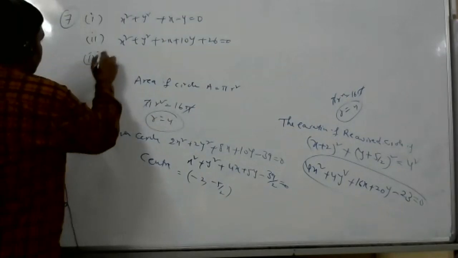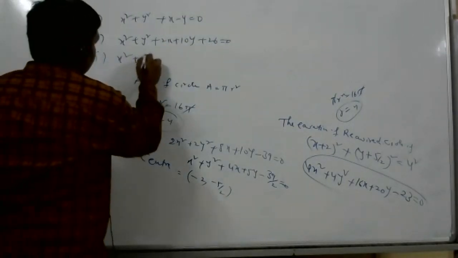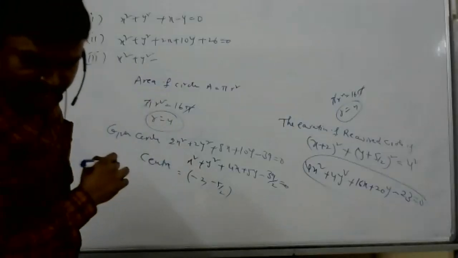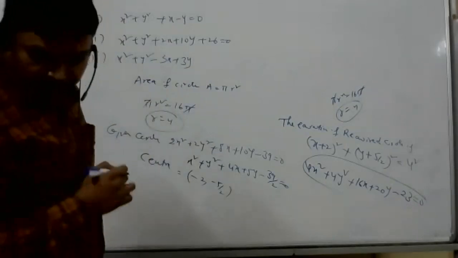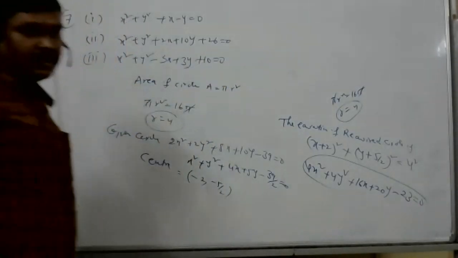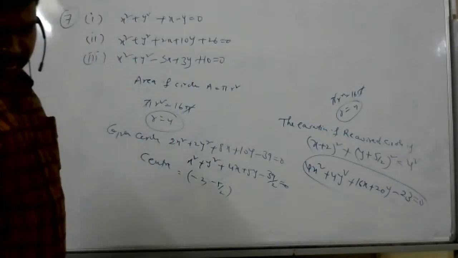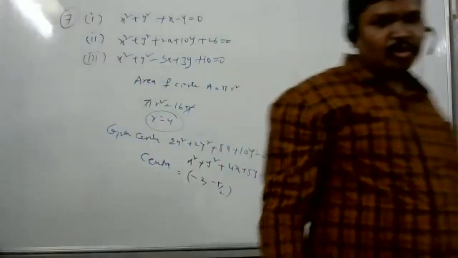Third one, x square plus y square minus 3x plus 3y plus 10 is equal to 0. A circle, a point circle, or no circle.